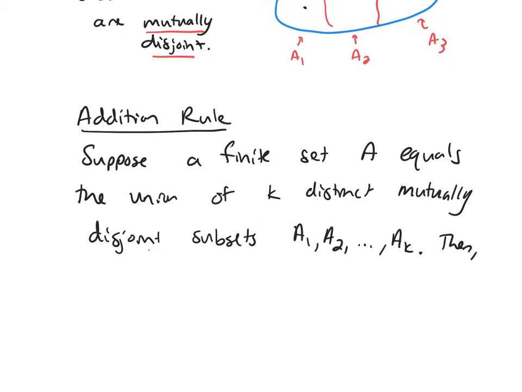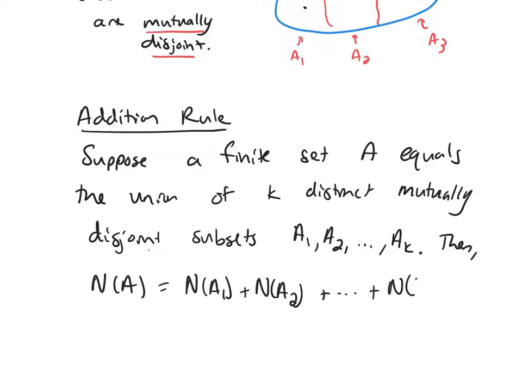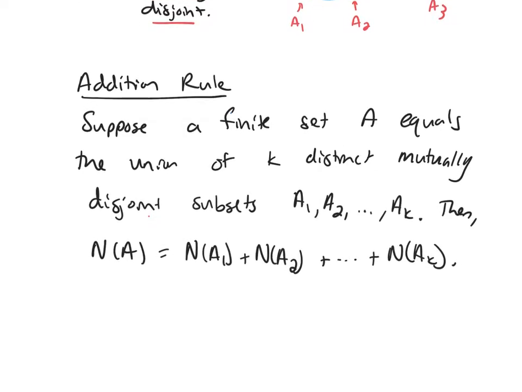Then the number of elements in A is the number of elements in A1 plus the number of elements in A2, all the way down to the number of elements in set AK. So this is the addition rule.